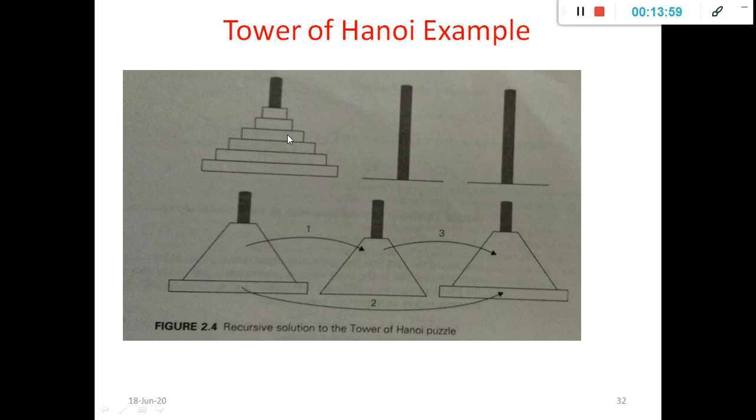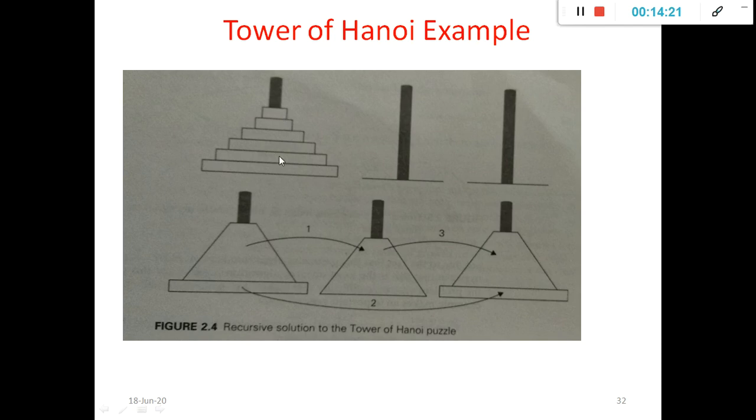In this problem you have to move all the disks from one tower to another tower, from source to destination, and the conditions are that you have to move one disk at a time, and you are not supposed to place a disk of higher weight on a lower weight disk.